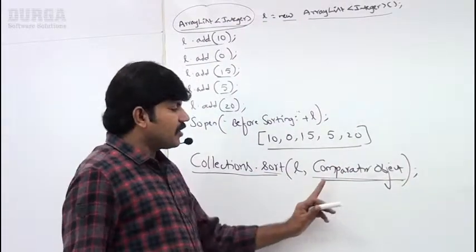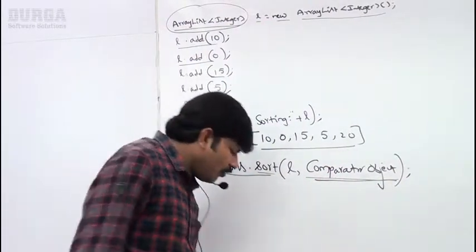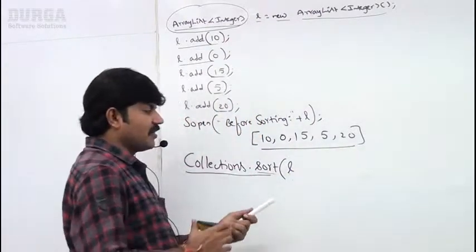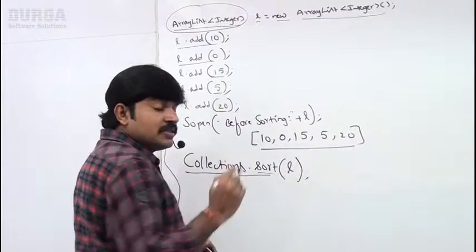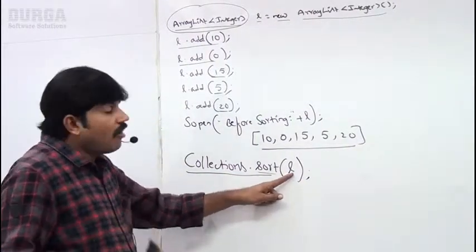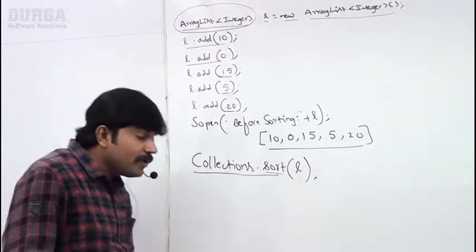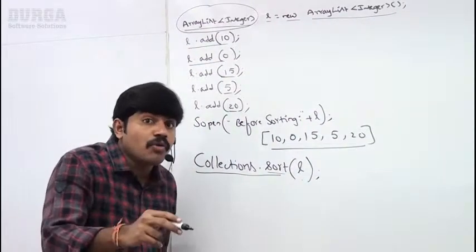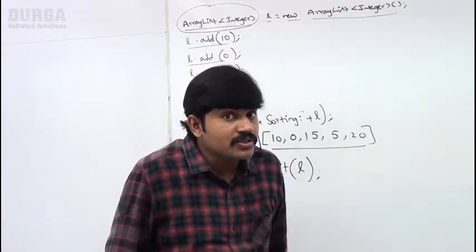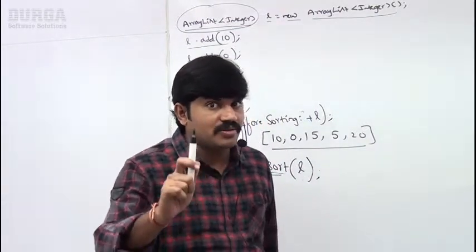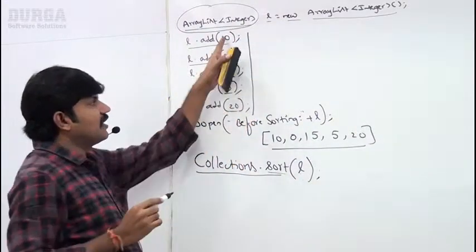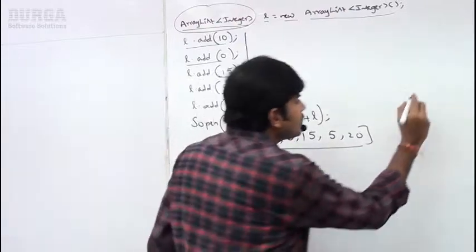Now if you are not passing a comparator, all these elements will be sorted according to the default natural sorting order. The default natural sorting order for numbers is ascending order.